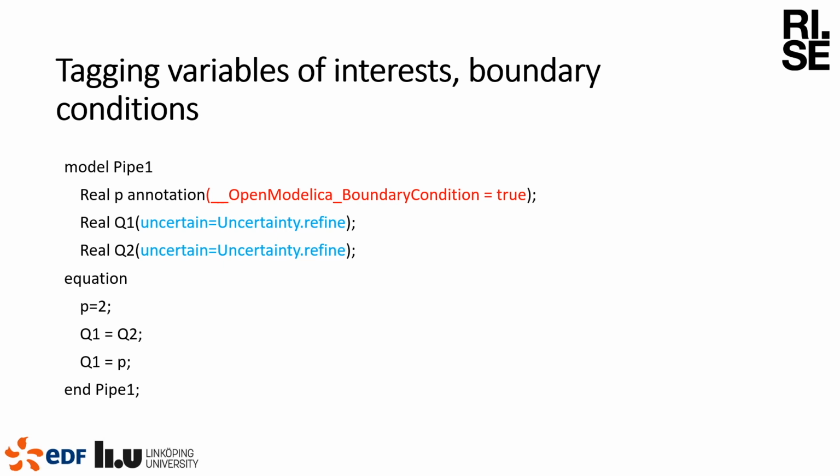Here the variables to be reconciled are q1 and q2, and they are tagged using the uncertain keyword, uncertain equal to uncertainty.refine, and the boundary conditions are tagged using the annotation OpenModelica boundary condition equal to true. Once we tag the variables to be reconciled and the boundary conditions, we can use the extraction algorithm, which extracts the auxiliary condition equations so that variables q1 and q2 can be reconciled.